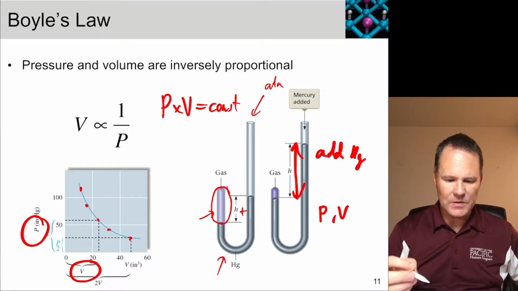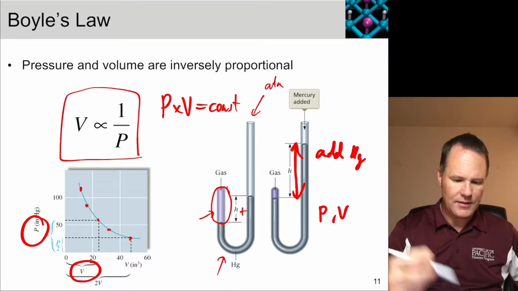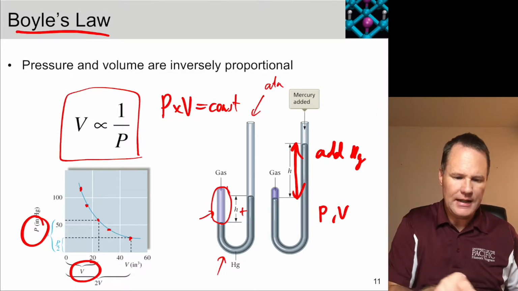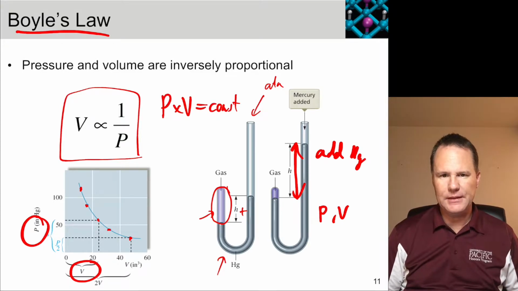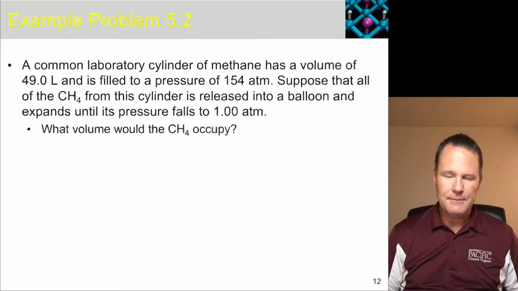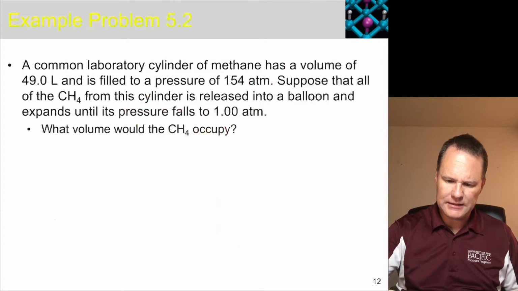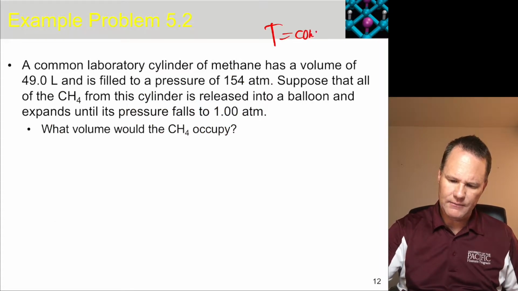Okay, and so if I rearrange it, then this will be that the volume is directly proportional to 1 over the pressure, right? And so this is Boyle's law, and now I have a relationship between the pressure and the volume, but of course the temperature and the moles of the gas will be constant. So how can I use this to solve a problem? Well, it's actually very similar to the previous one, and it doesn't say, but the temperature is constant here, right?